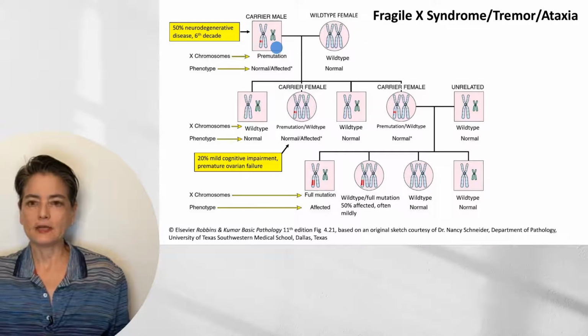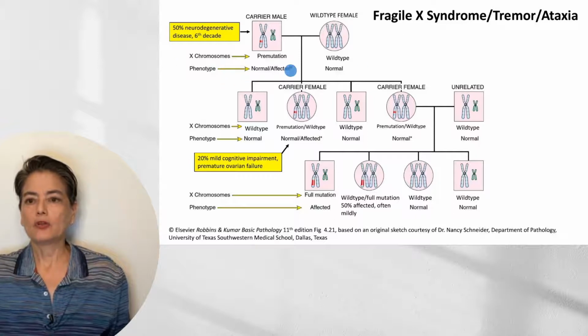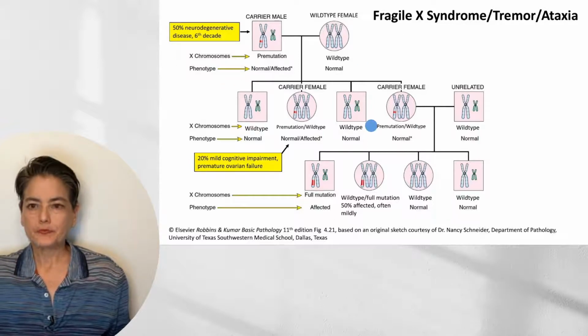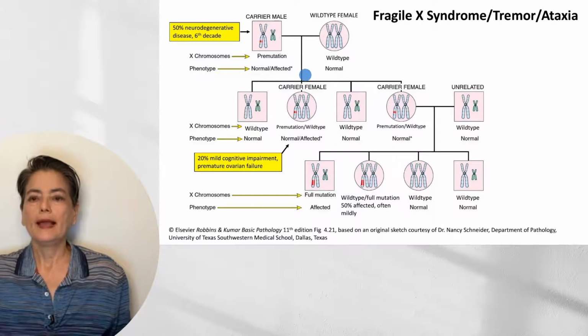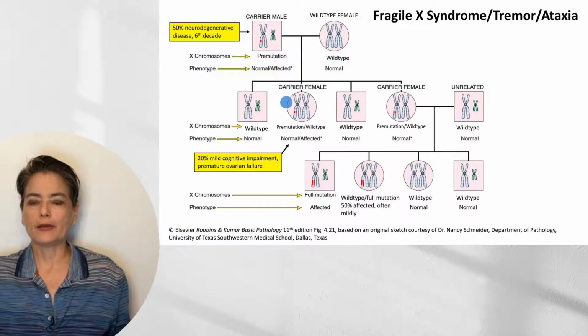So he has this premutation, so about half of individuals with this genotype will have neurodegenerative disease in the 6th decade. Now, looking at their offspring, we have one son who has the wild type X and a healthy phenotype. We have a second son who also is wild type and normal phenotype. And then we have 2 carrier females.